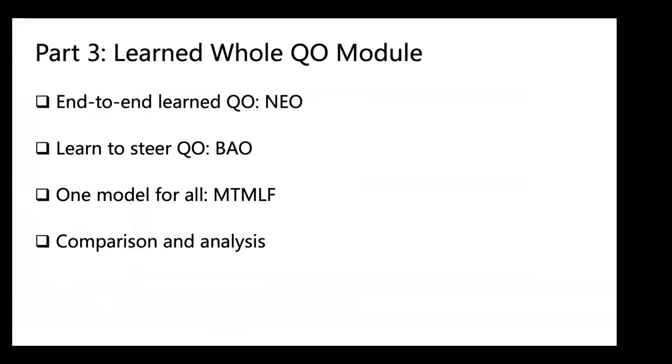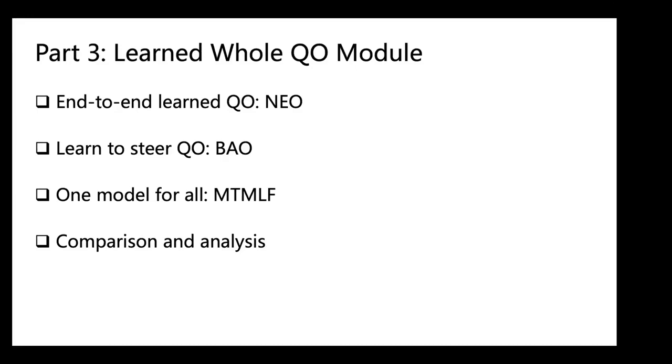We are introducing two typical methods: Neo, an end-to-end learned QO that tries to replace the traditional QO, and another representative work, Bao, which learns how to steer an existing QO to be more efficient. Besides them, we are introducing our work, one model for all, called the MTMLF framework, that goes one step further than Neo and Bao to overcome their challenges.